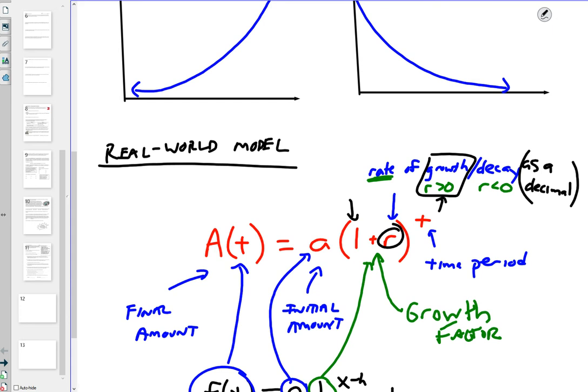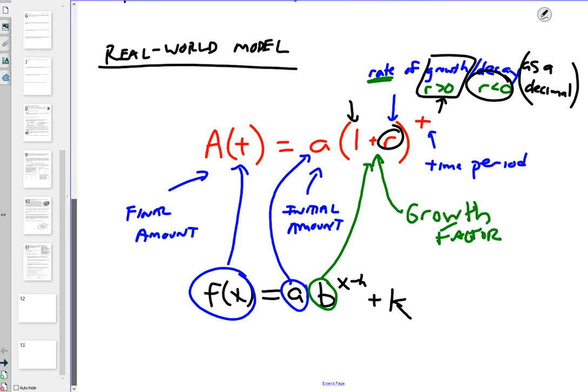Whereas if your amount is going to decay, your rate of change would be less than 0, be negative. And then when you add a negative, that's what makes the growth factor become less than 1. And you take this to the power of the amount of time that's passed.